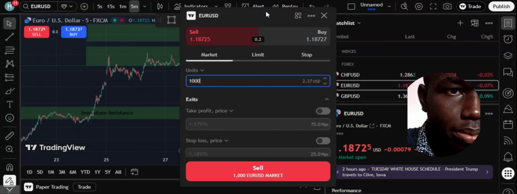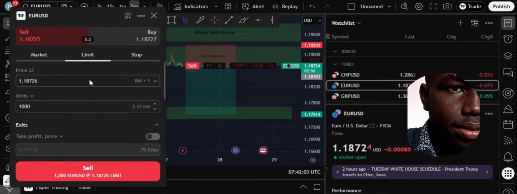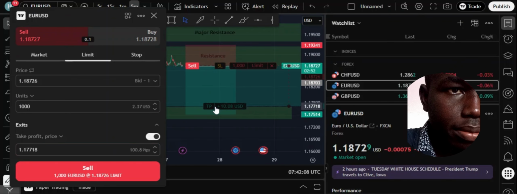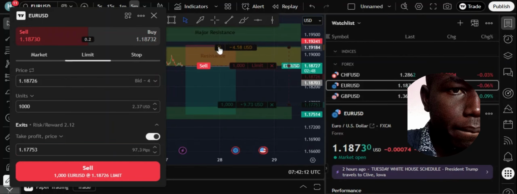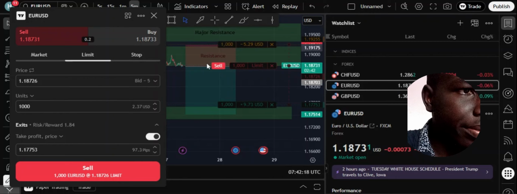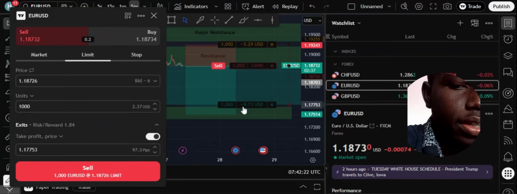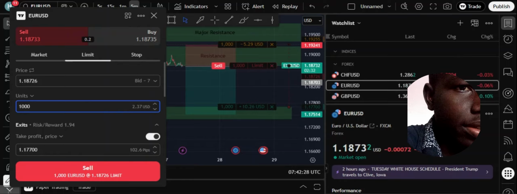We pull our take profit down at least here, then our stop loss right above here. Right now we have 100 units, which is small, so let's try something like 100,000 units and see how that plays out.